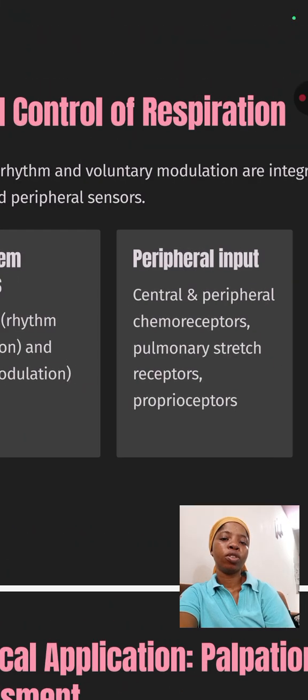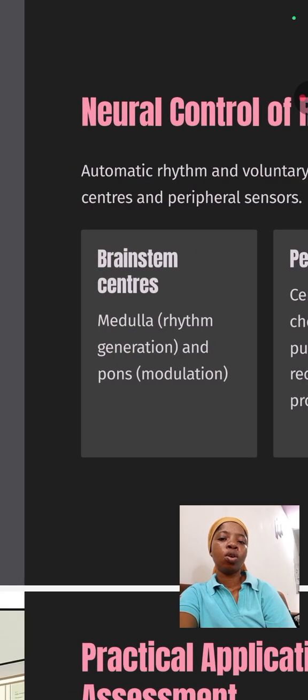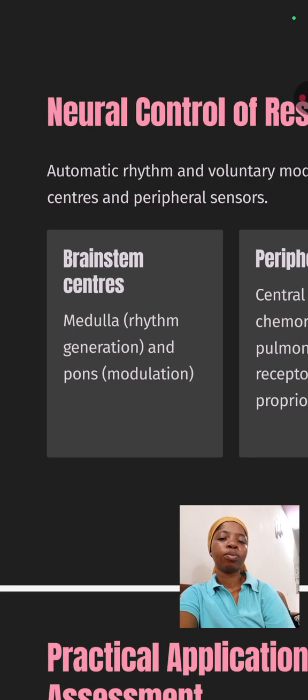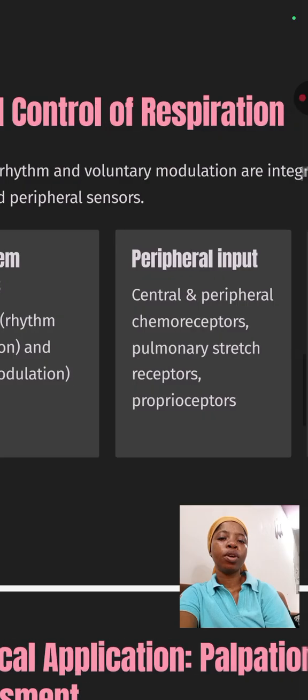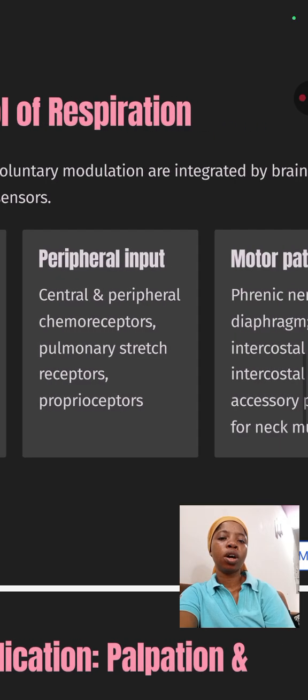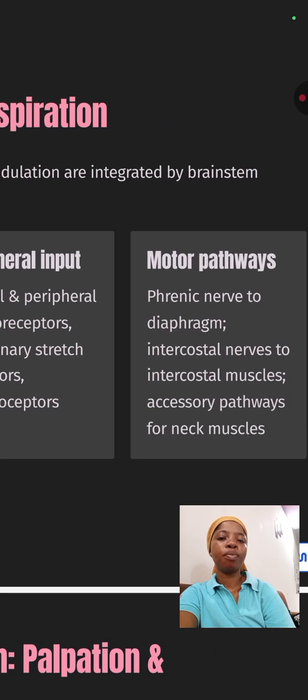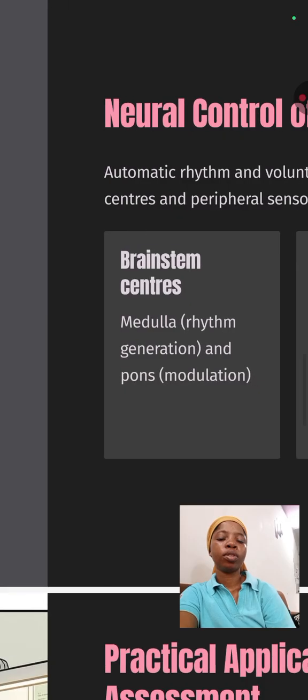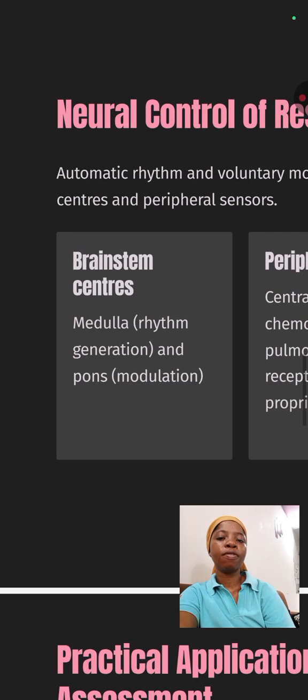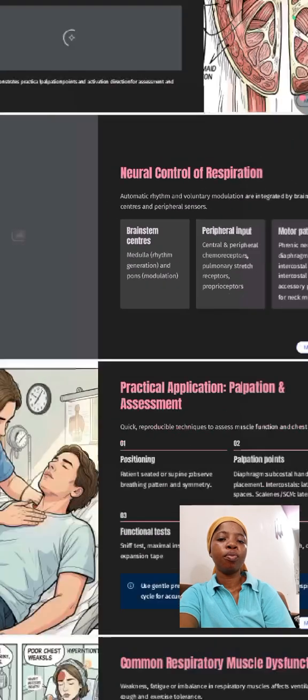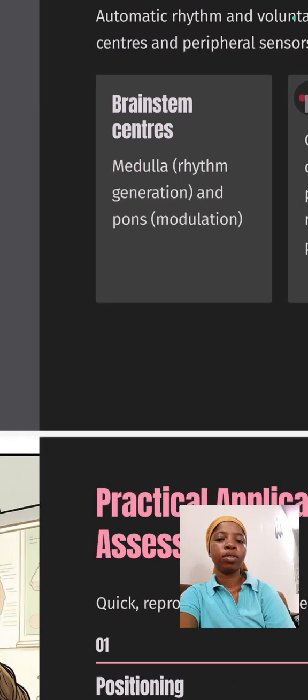Neural control of respiration. Automatic rhythm and voluntary modulation are integrated. Brainstem centers mediate rhythm generation and tone modulation.